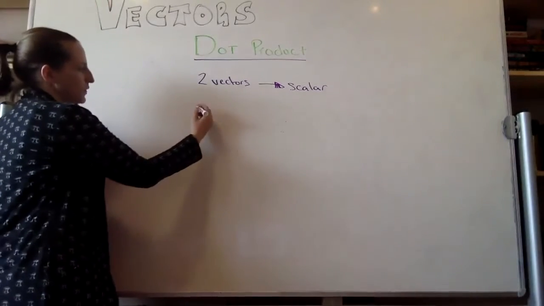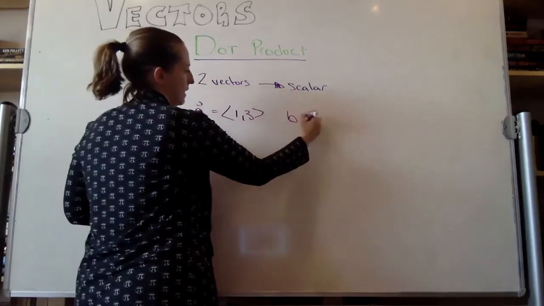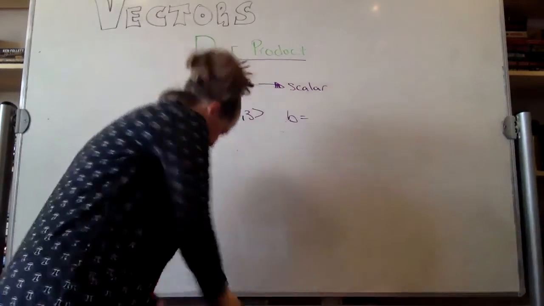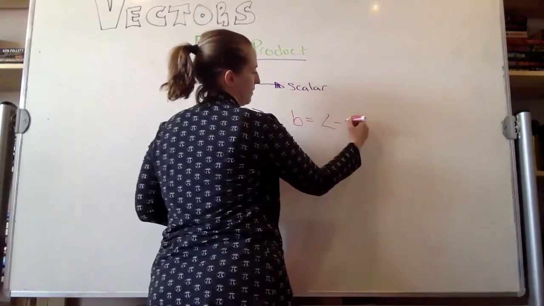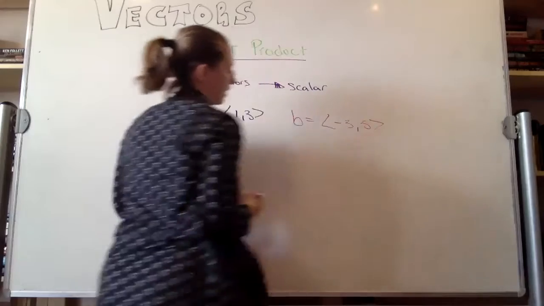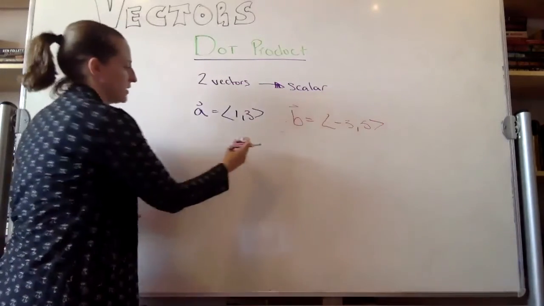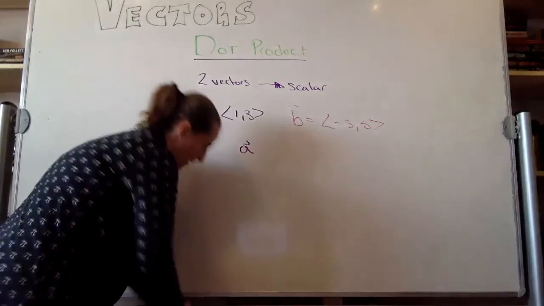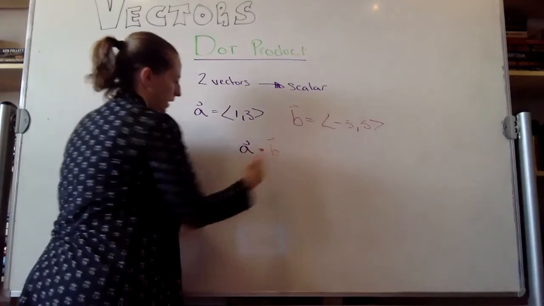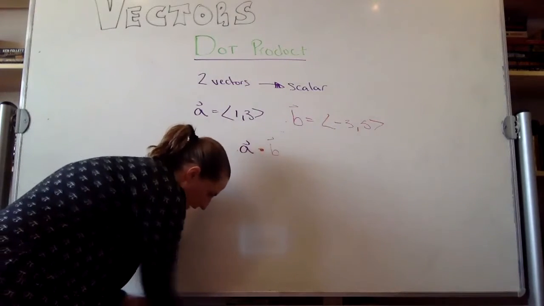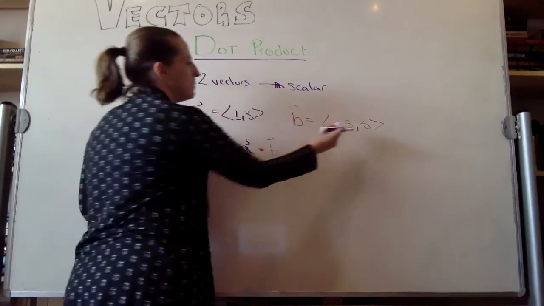So in other words, if I have 2 vectors, let's say A, which equals 1, 3, and B, which equals, let's do this in 2 colors, that's more fun for me. And B, which equals -3, 5, okay? The dot product, which we symbolize with a dot, right? So A dotted with B. In order to do this, the calculation that we perform is we take our horizontal components and we multiply them together.